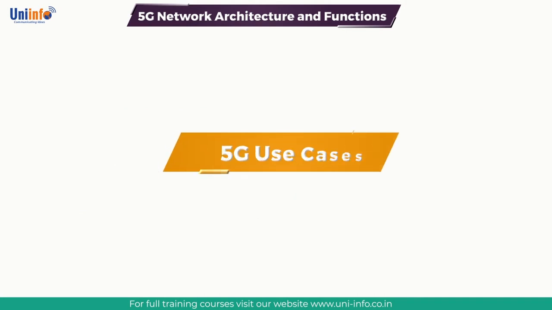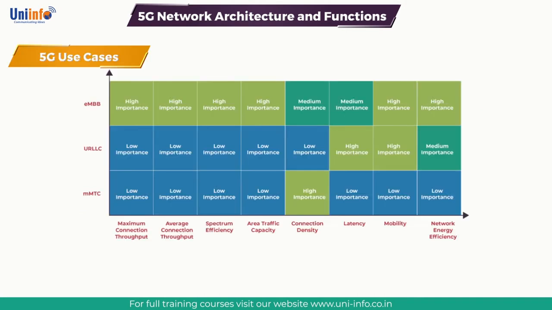Our next topic is use cases. 3GPP has adopted the set of use cases identified by the Radiocommunication Sector of the International Telecommunication Union. These use cases are applicable to technologies being developed to support the requirements of International Mobile Telecommunications for 2020 and beyond.